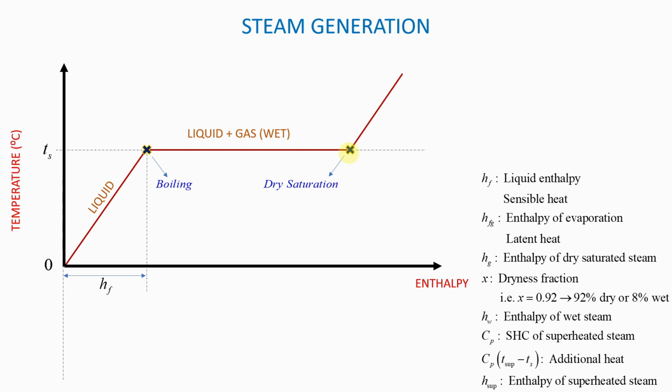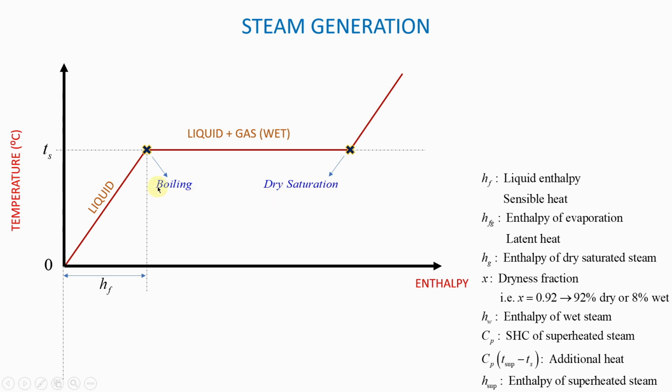Very important. And so what I want you to see here is that from the moment the water begins to boil to the moment it reaches dry saturation, the temperature of the mixture is not changing, although you are increasing heat. And so this goes back to prove that heat and temperature are not the same thing.